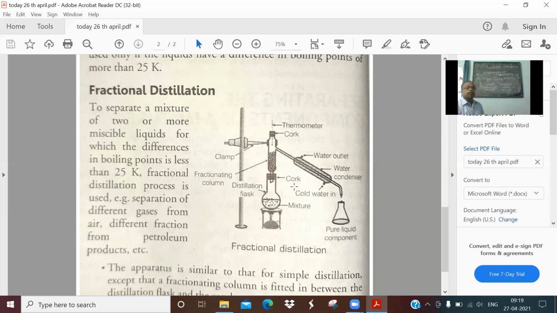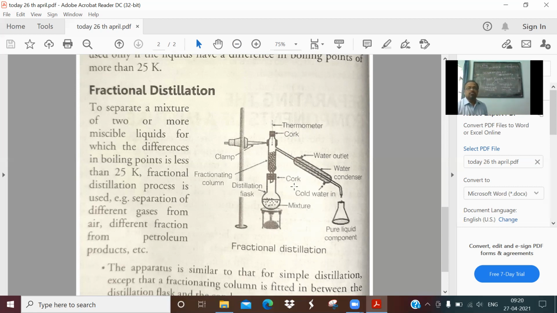So I am reading it. To separate a mixture of two or more miscible liquids for which the difference in the boiling point is less than 25 degrees Celsius, 25 Kelvin. Forget about this. The difference in the boiling point should be enough to have this separation.